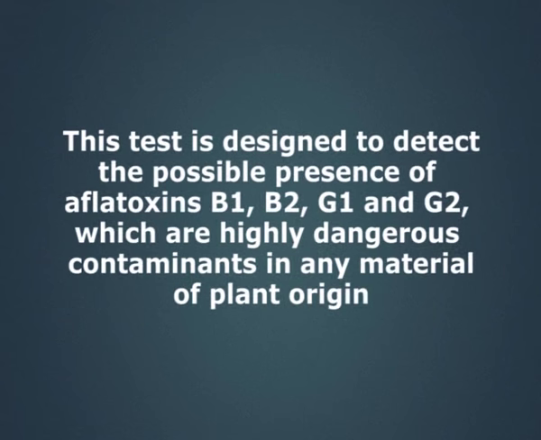This test is designed to detect the possible presence of aflatoxin B1, B2, G1, and G2, which are highly dangerous contaminants in any material of plant origin. Aflatoxins are one of the main reasons for rejection of supplies to Western countries.